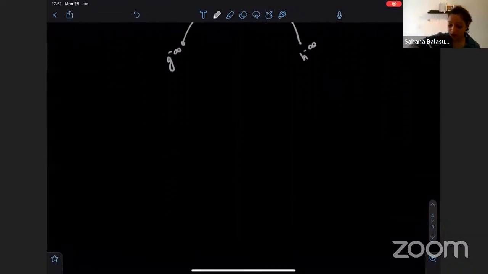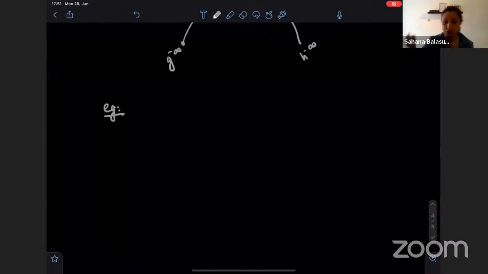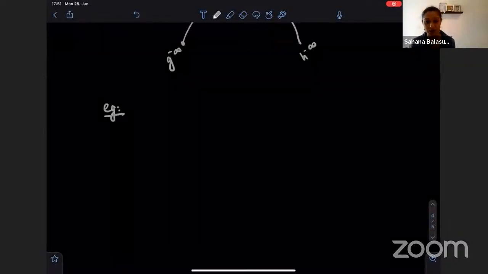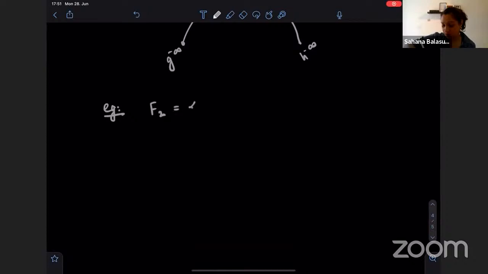And a very good example to think of a general type action, I think it's one that most of you would be familiar with, is to take the free group on two generators, and we think of this as being generated by A and B. And I'm going to look at the action on its standard Cayley graph, which is the valence 4 tree.